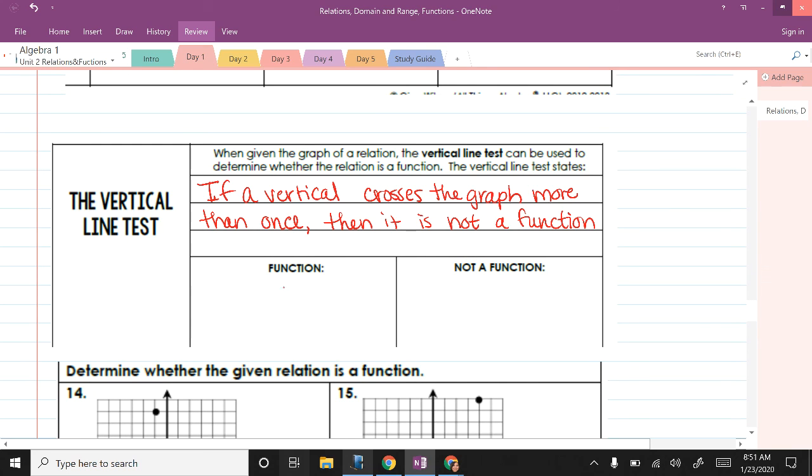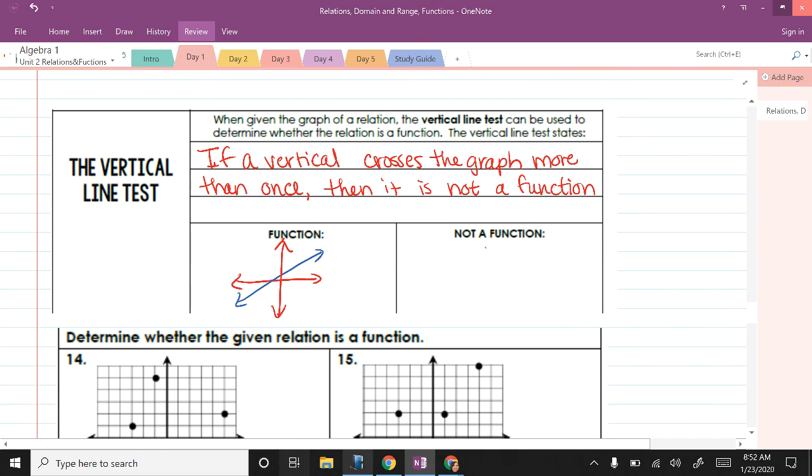So an example: there's the x and y axis. Let me get a different color pen. And say I have a slanted line right here. That would be a function, right? Because anywhere I put a vertical line across my blue line, I would only touch it once. Okay.